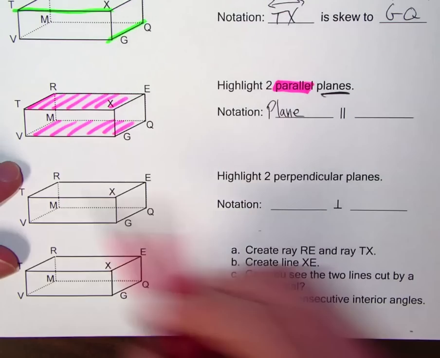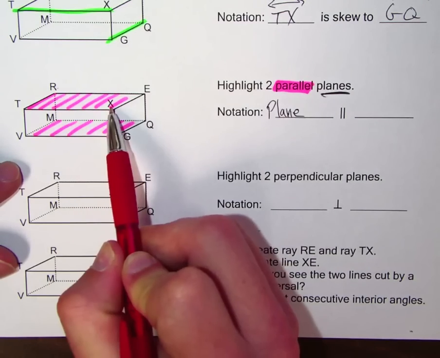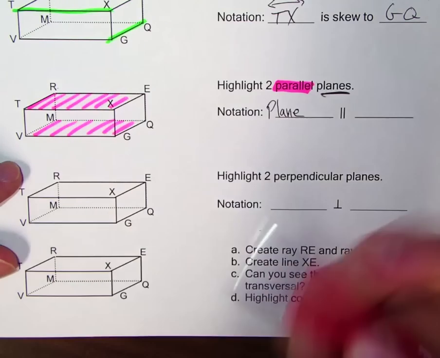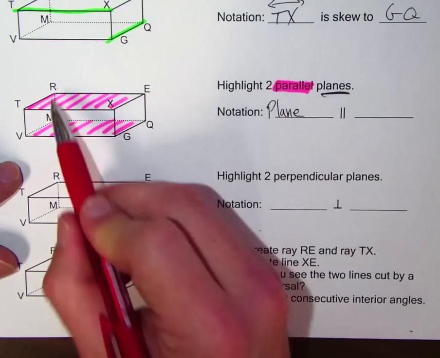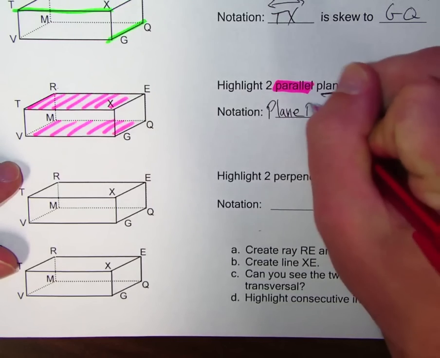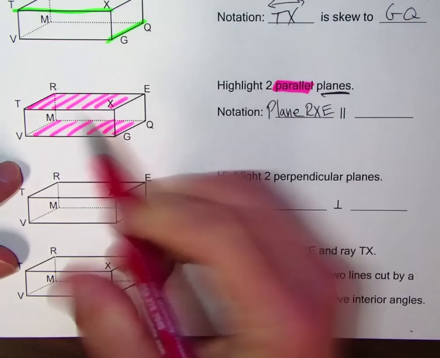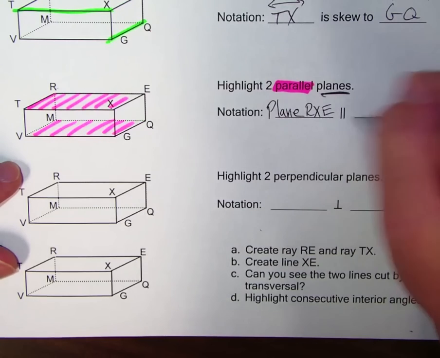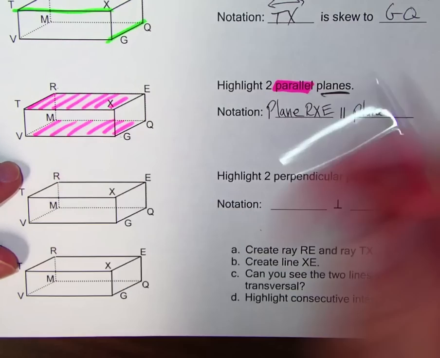And I need 3 letters, so how about RTX? Or you could have said EXT or RXE. You just need 3 coplanar letters, and notice they make a triangle. They're non-collinear, so they name the plane. I'm going to go with RXE. That plane is parallel to plane VMG.